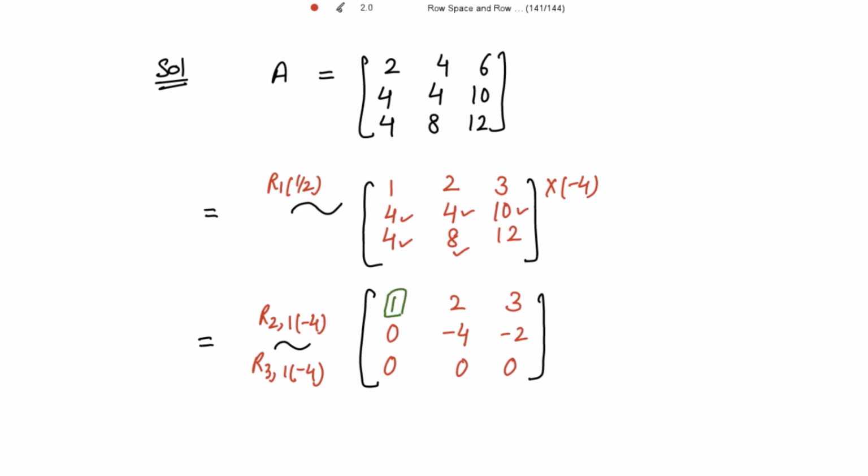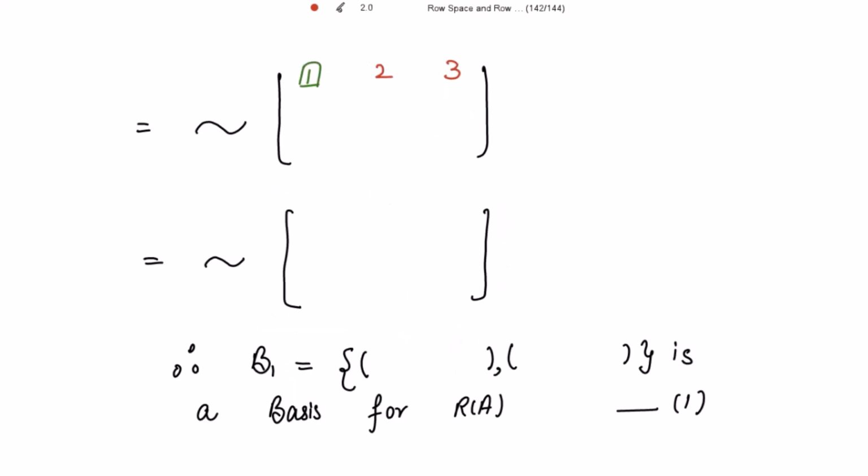Now for the second row, to make this our leading entry, we need to make this 1. How do I get 1 over here? Yes, so for that just multiply row 2 with minus 1 over 4 to get 1 over here. Writing the elements of the first row as it is, and the row operation for row 2 is multiplying row 2 with minus 1 over 4.